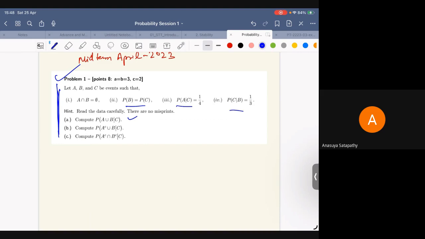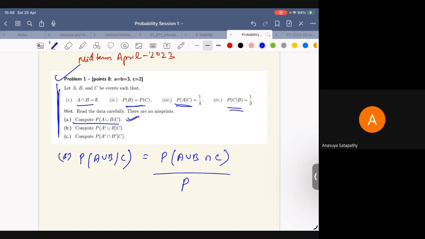For example, these are the conditions which are given. A union B given C. What can you write for this one? As I taught you, P of (A union B) intersection C divided by P of C, right? Okay.